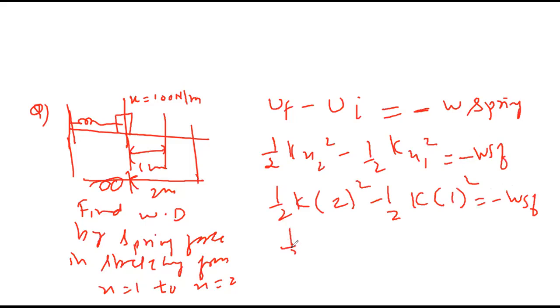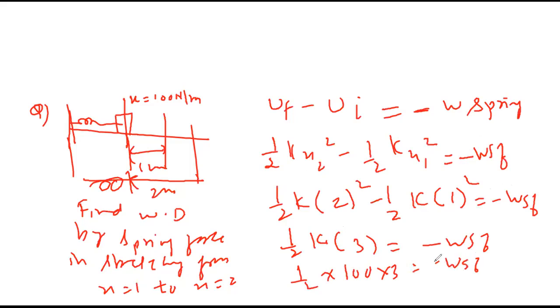So this will become half k into (4 minus 1) = 3, equals minus of work done by spring force. Half of 100 into 3 is minus of work done by spring force. That will be 150, so minus 150 will be the work done by spring force.